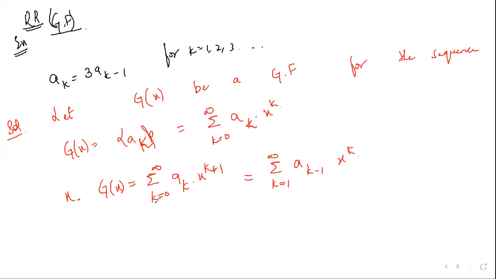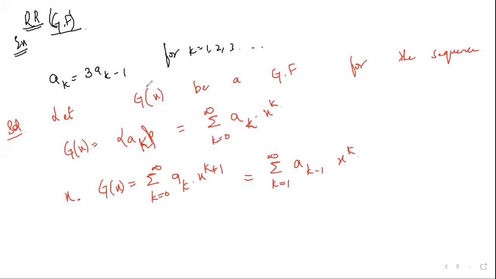Now, why did I change this? Suppose you write k is equal to 0 to infinity, you will have a naught x power 0 plus 1, that is x. Or you can even have here k is equal to 1, 1 minus 1 is again a naught, x power 1 is again x. So they both mean one and the same thing, but you will understand the reason in the next step.